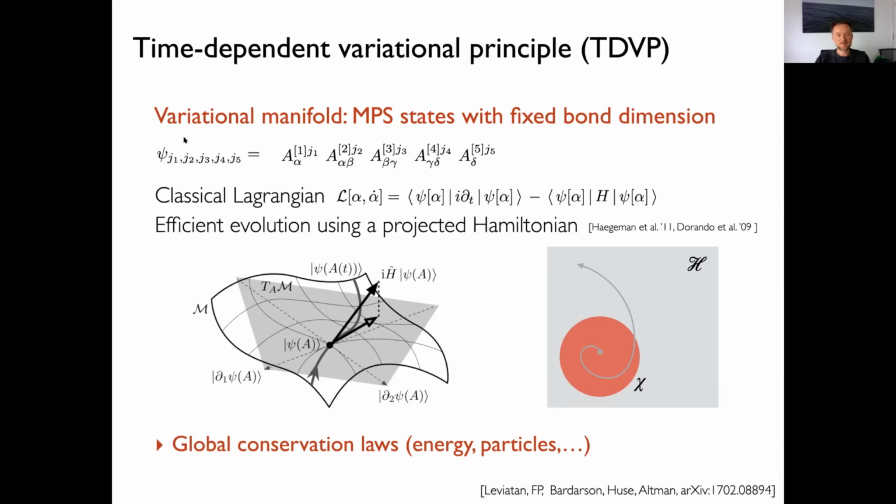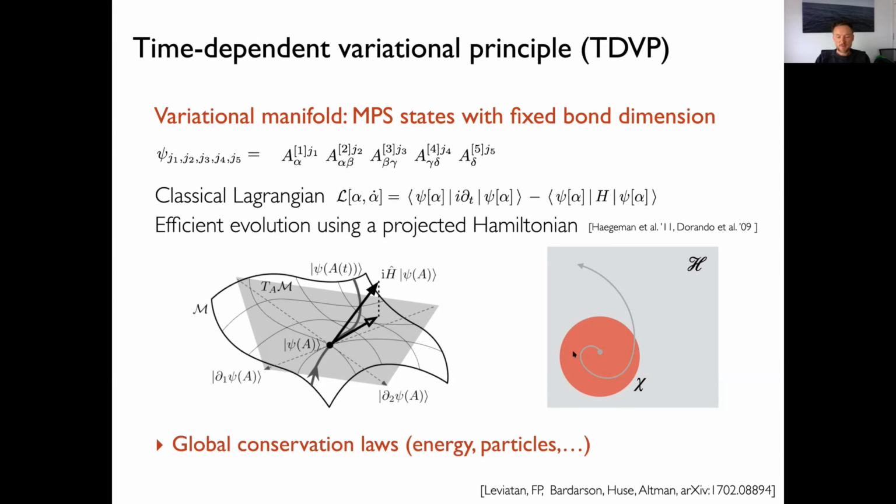So this is something that we really find hard to store on a computer, and we just express it in terms of the product of these matrices, and these matrices are assumed to have a finite bond dimension chi, and by this we reduce the number of parameters from something that grows exponentially with system size to something that at a fixed chi only grows linearly in system size, right? So we have strongly reduced the number of parameters describing the state.